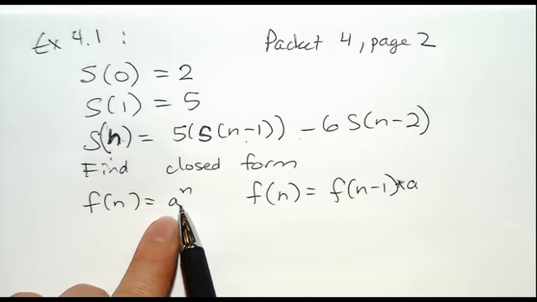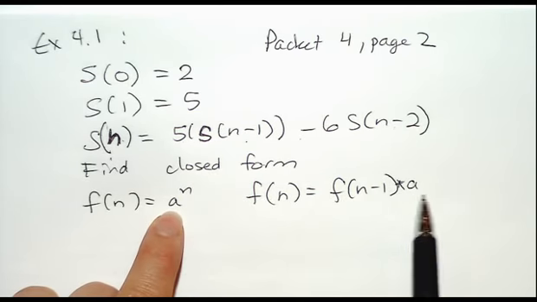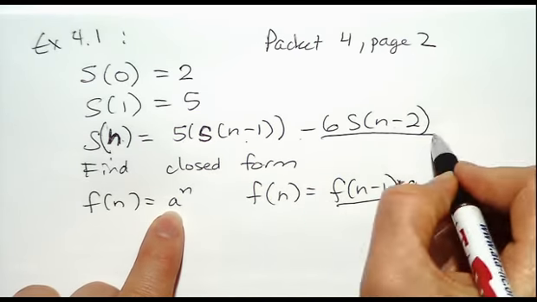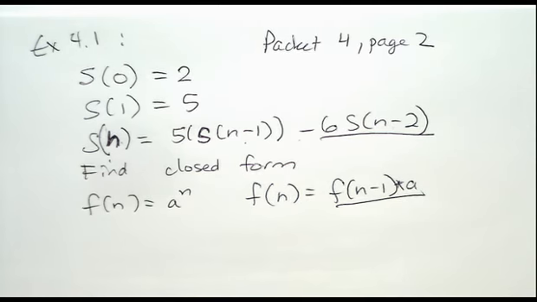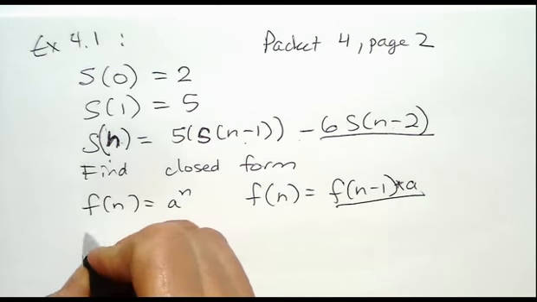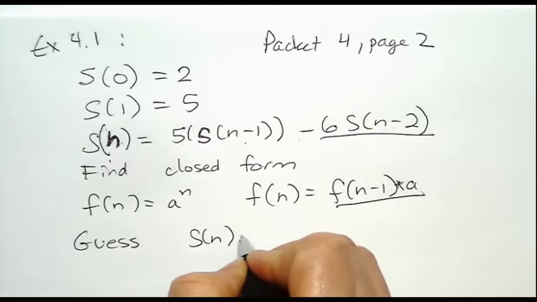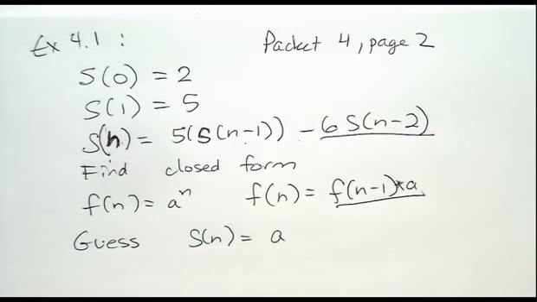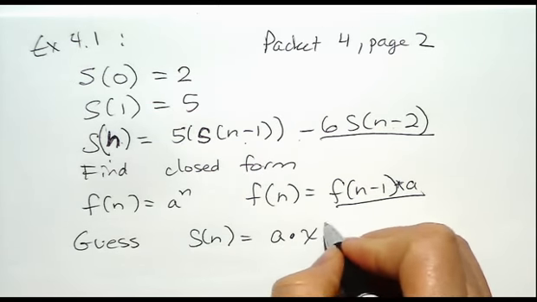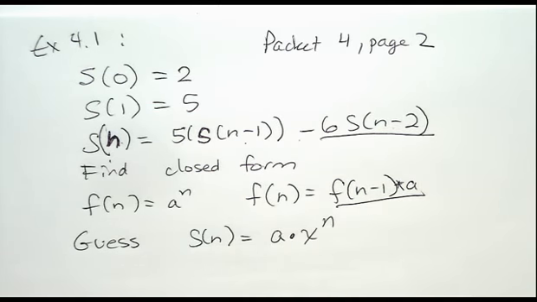But something raised to a power has this formula that looks like one of these terms. So we're going to guess that s is some kind of power function. That's what we're going to guess. And we're going to guess that it's some constant a times some root raised to the n.